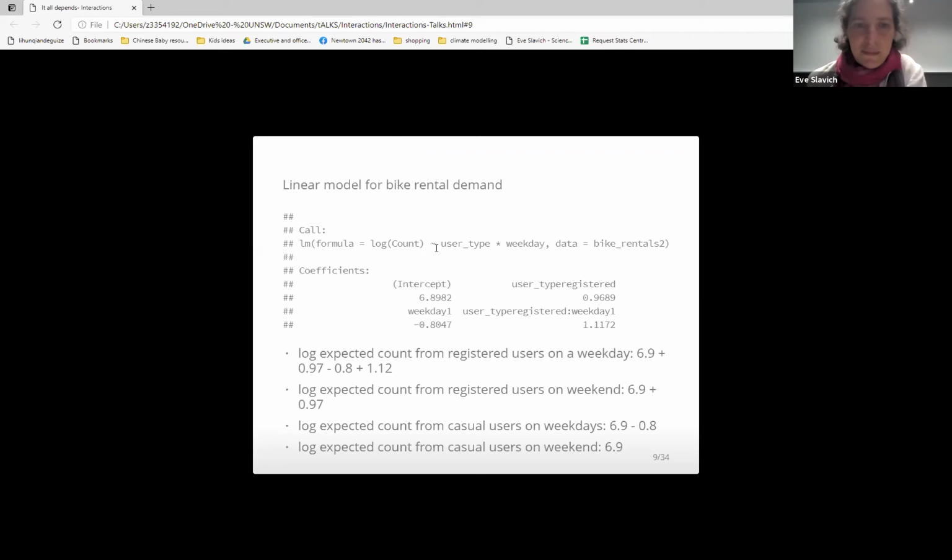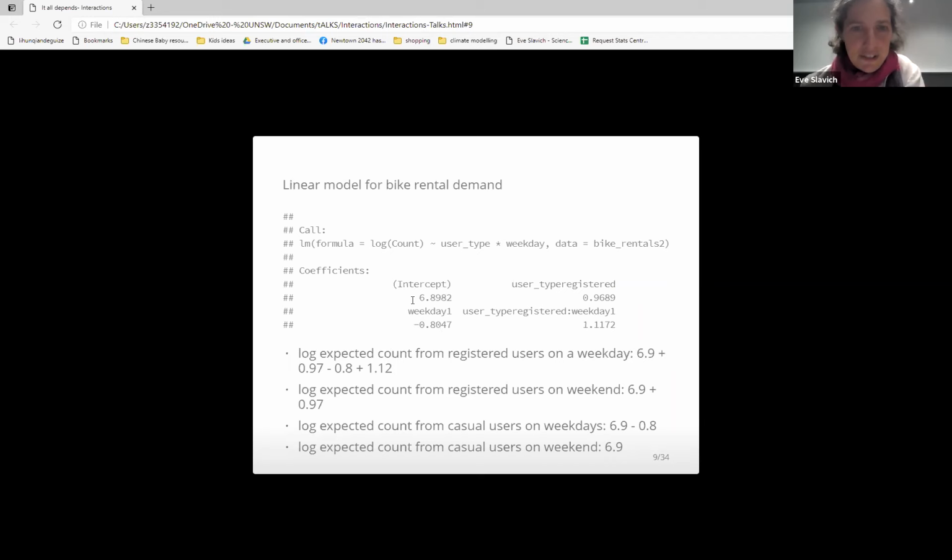So in this example, if you fit this linear model with user type and weekday, you get these coefficients coming out. And so now we're going to do that maths that we did on the other one, but with the results of this model.